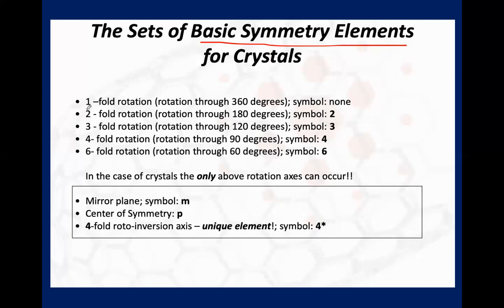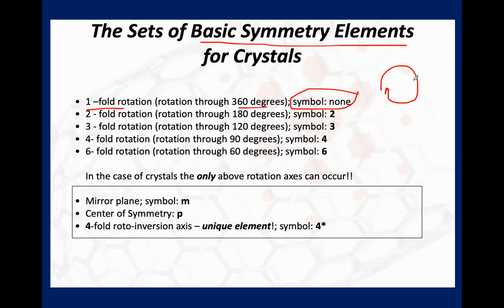So one-fold rotation, you saw the rotation through 360 degrees, but actually there is no real symmetry there. The object will repeat into the same shape after 360 degrees, which means you have actually done nothing to the object in terms of symmetry. It's the same object in the same orientation.